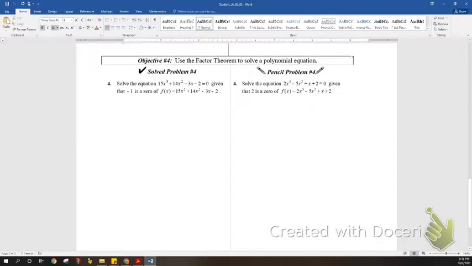All right, and then to use the factor theorem to solve a polynomial equation. So solve the equation 15x cubed plus 14x squared minus 3x minus 2 equals 0, given that negative 1 is a 0 of that. If negative 1 is a 0, that means that x plus 1 is a factor.